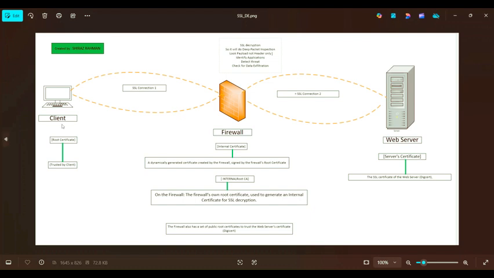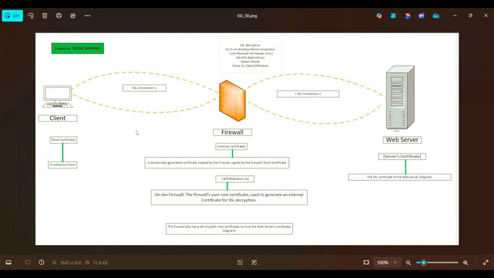The client will always think that the firewall itself is its server, so instead of one, we have SSL connection one and SSL connection two. So the firewall here is acting as the SSL decryption device.